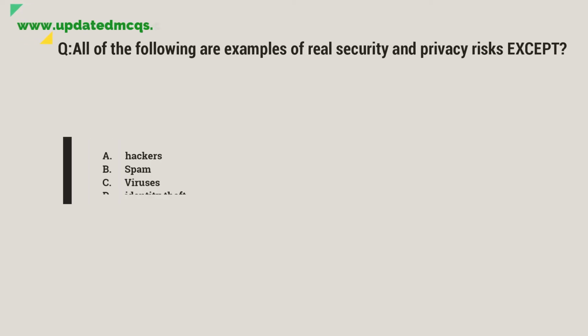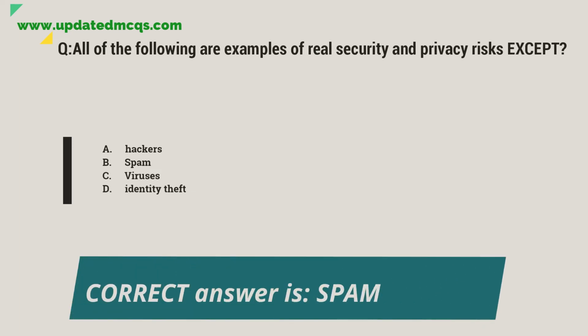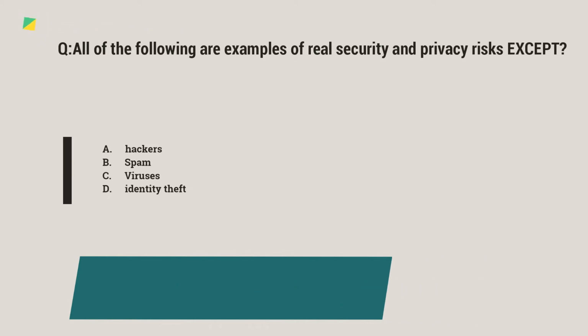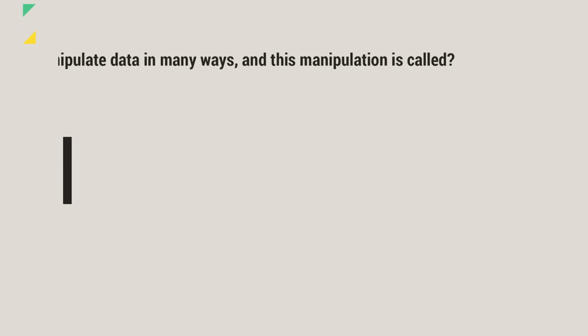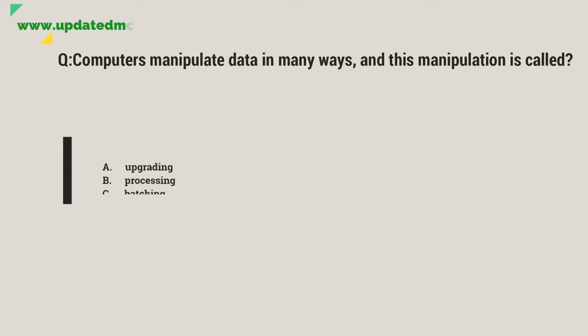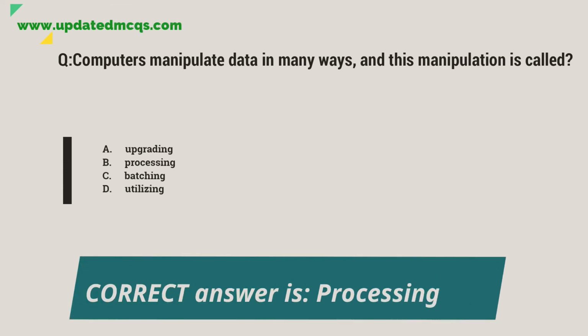All of the following are examples of real security and privacy risk except spam. Computers manipulate data in many ways, and this manipulation is called processing.